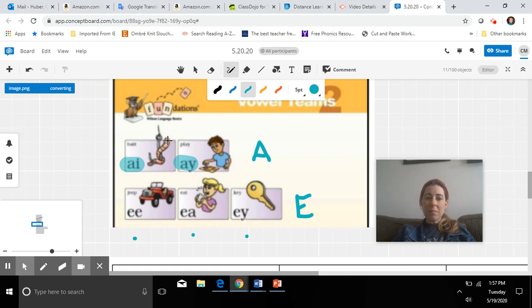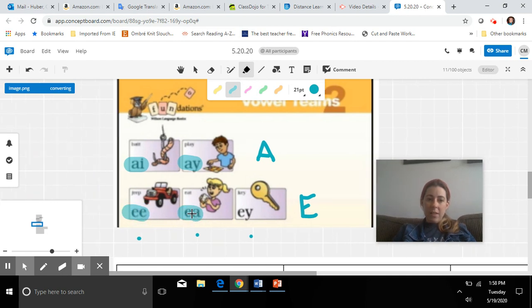So we noticed something. We noticed a pattern. These vowel teams are saying the letter E's name. They say E. That's the sound that they make. These vowel teams, AI, AY, say A. They're saying the vowel's name. Got it?